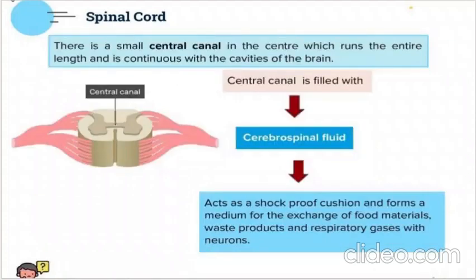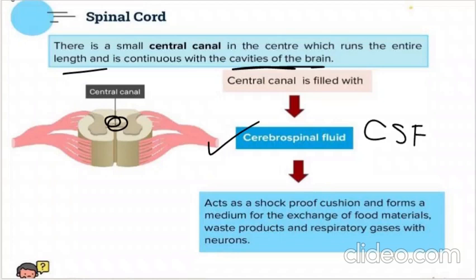Now there is a very small central canal in the center which runs the entire length, and it is continuous with the cavities of the brain. It is filled with CSF, cerebrospinal fluid. It acts as a shock-proof cushion again, and it makes a medium for the exchange of food materials, waste products, and respiratory gases with neurons.